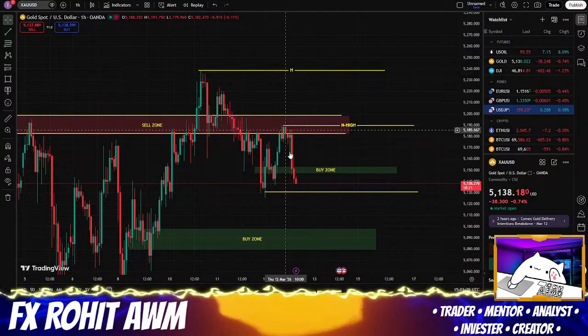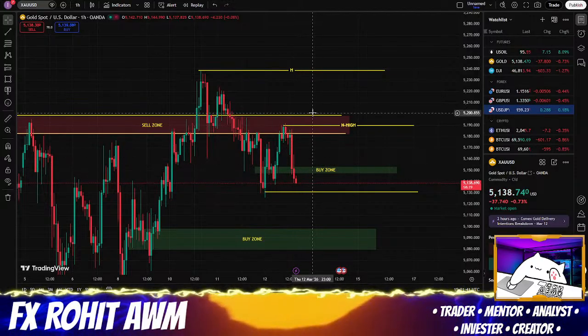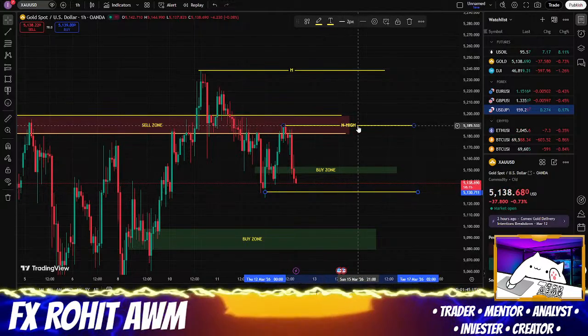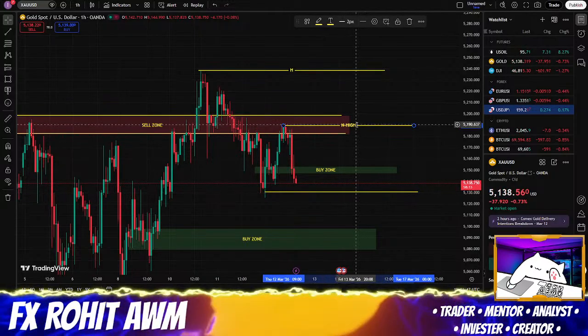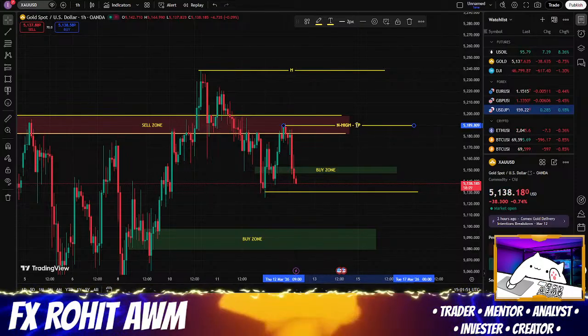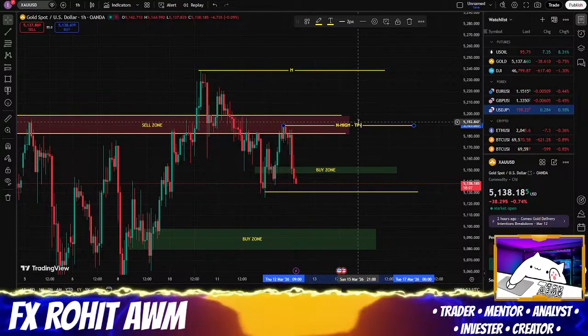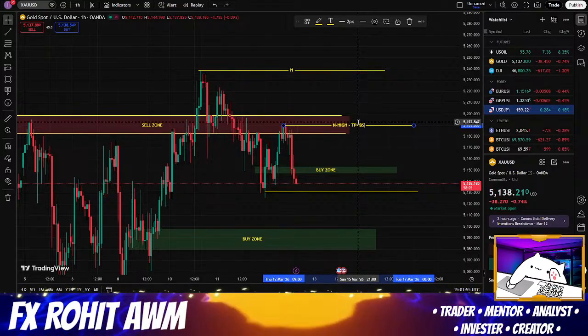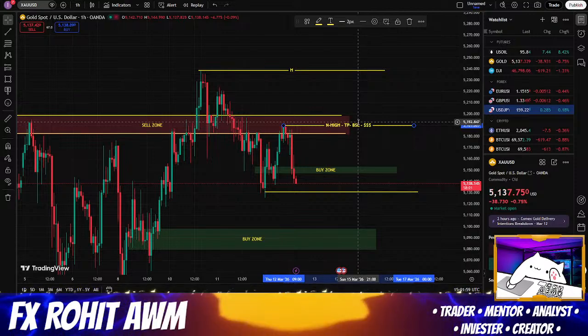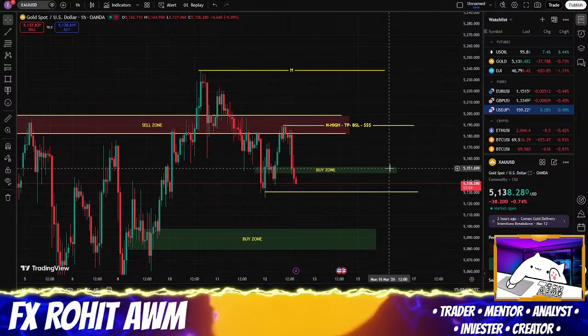If the market respects after that break, we also capture that. Okay. Because that zone also has many characteristics.